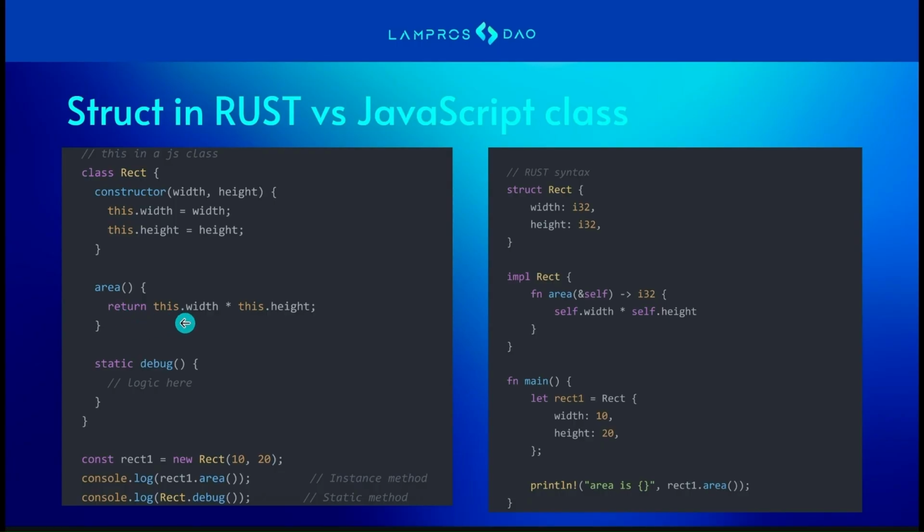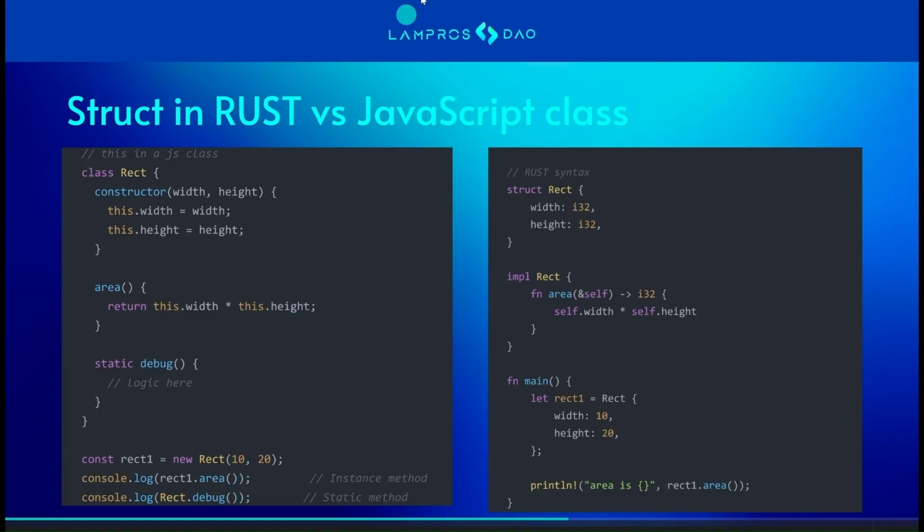Now what is the meaning of this? This refers to the current object on which the method has been called. Area method has been called on which object? rect1. So this means rect1.width multiplied by rect1.height.